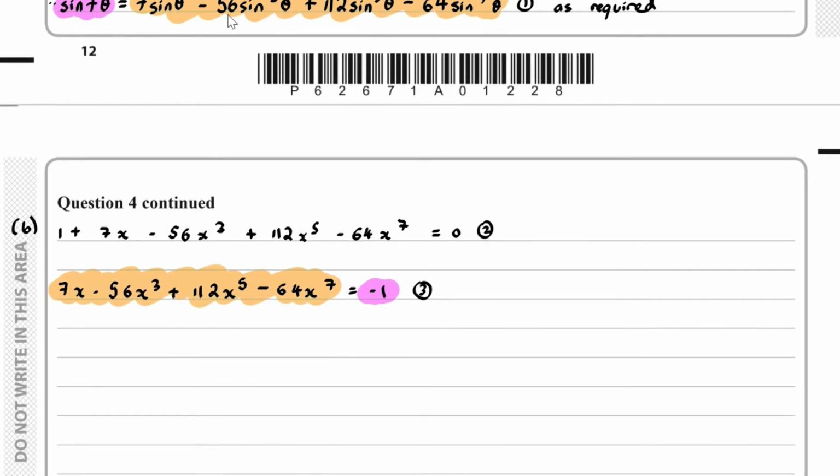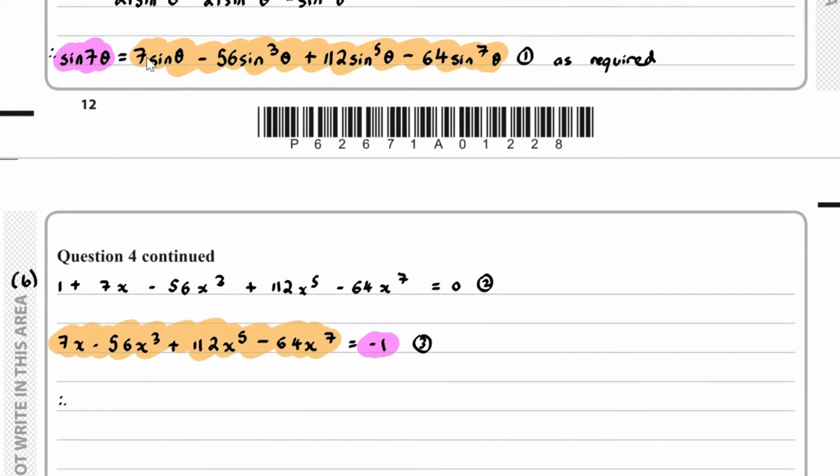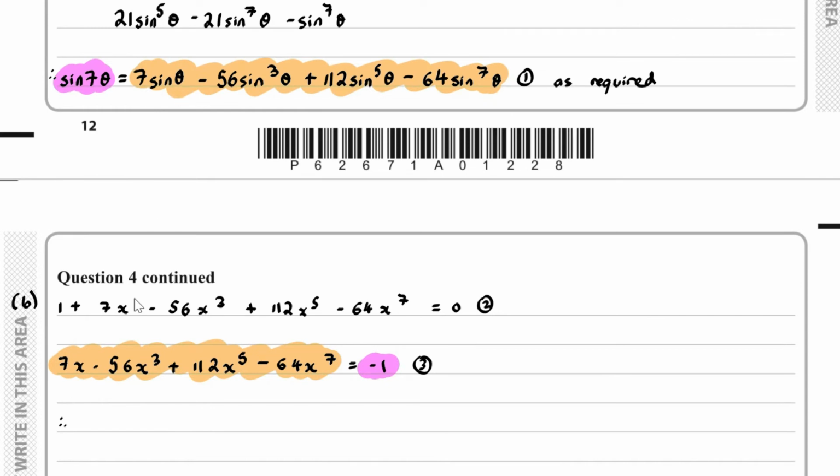So through comparison, if we compare the 7 sine theta with the 7x, you can see that x is equal to sine theta. That should be quite obvious. So we've got x equals sine theta, and we'll call this equation number 4.